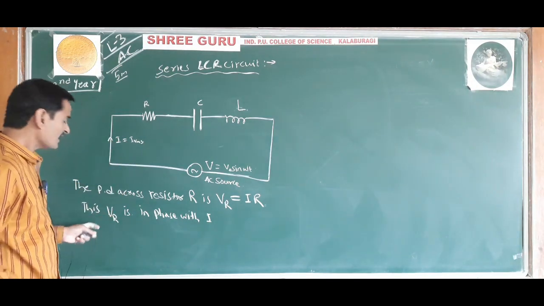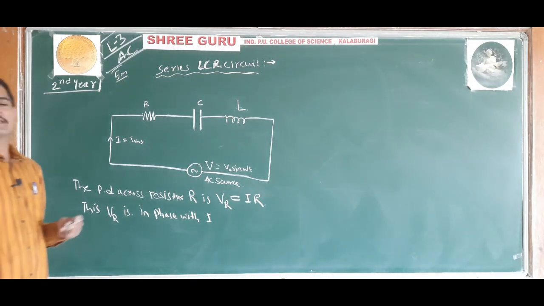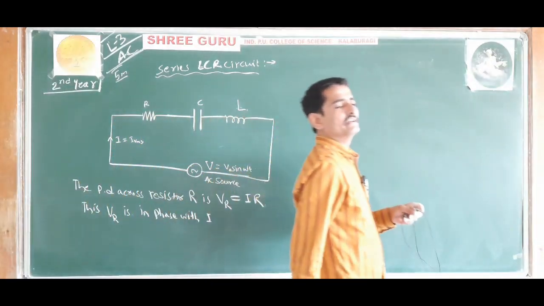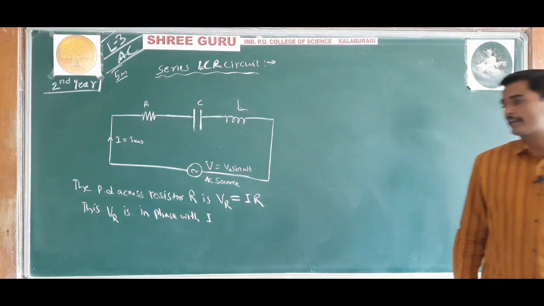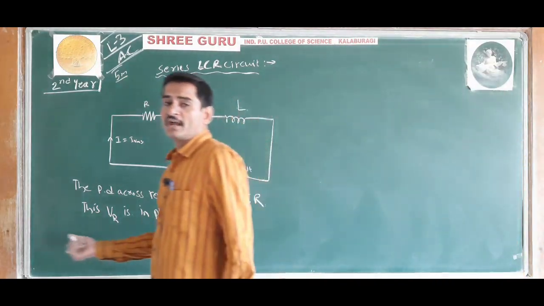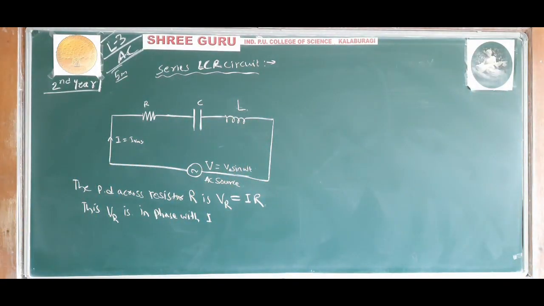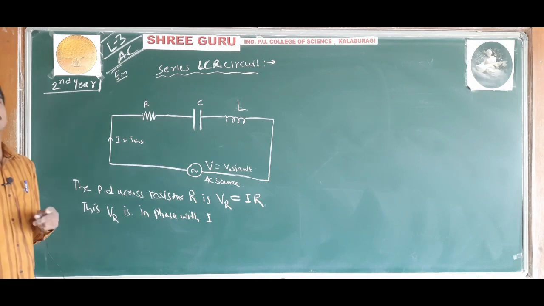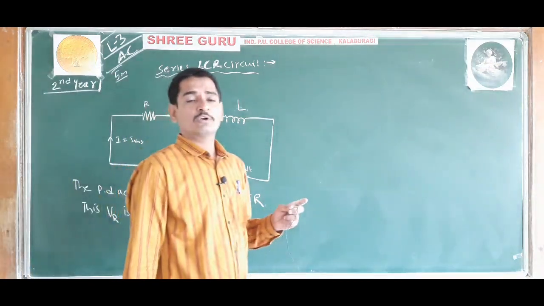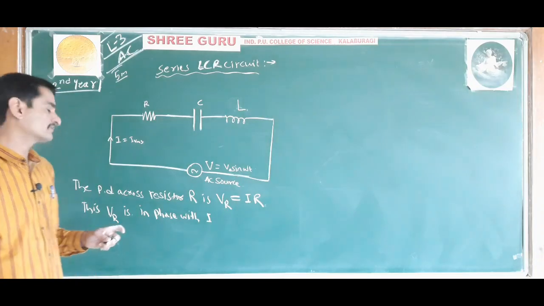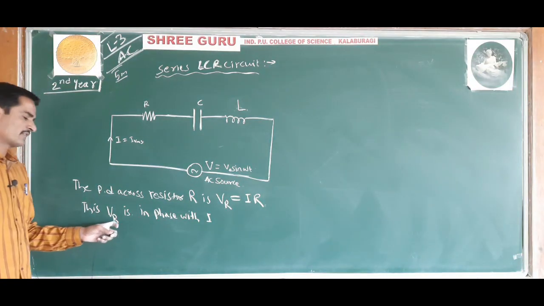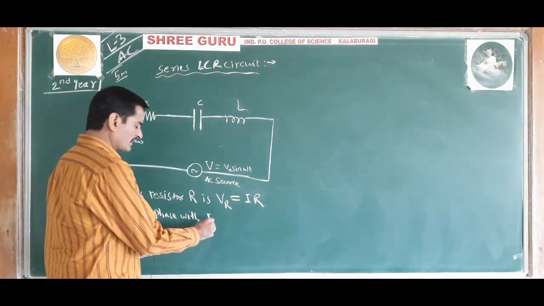We have already studied that in a pure resistive circuit, the voltage and current are in phase; there is no phase difference between them.